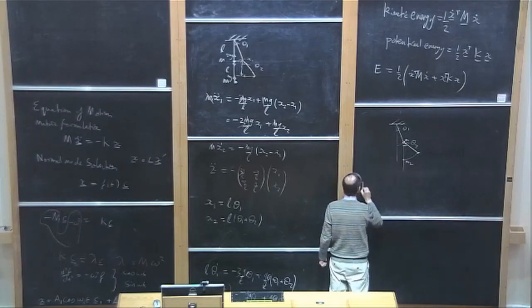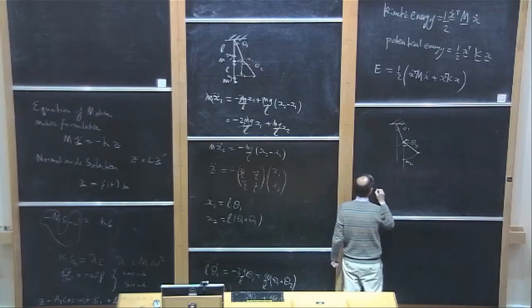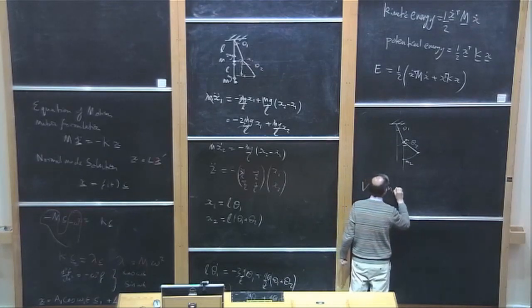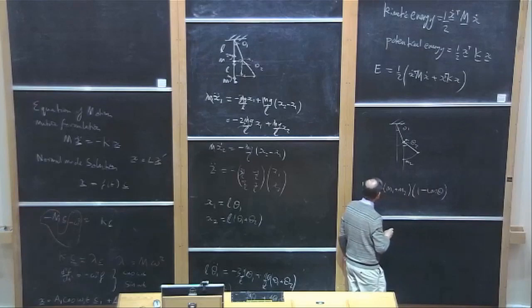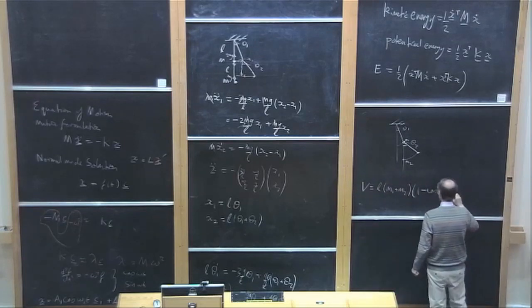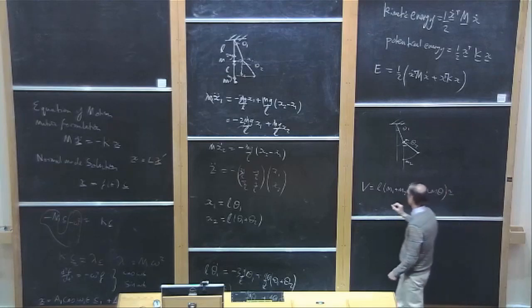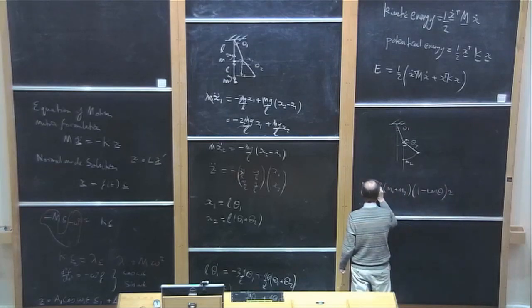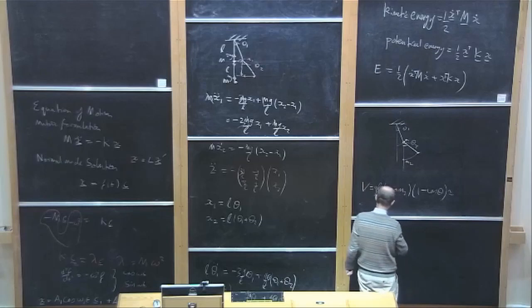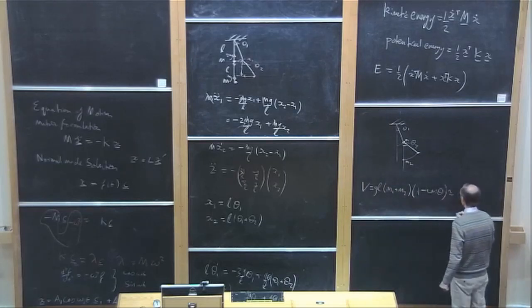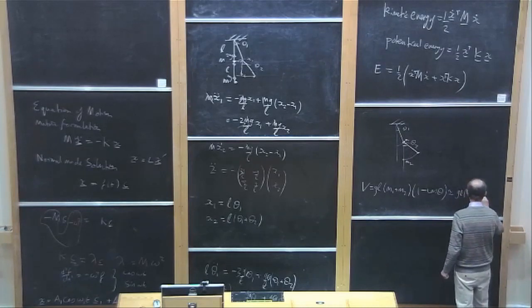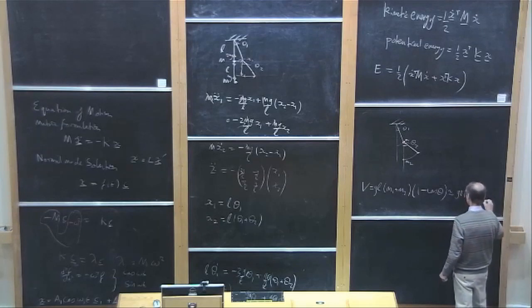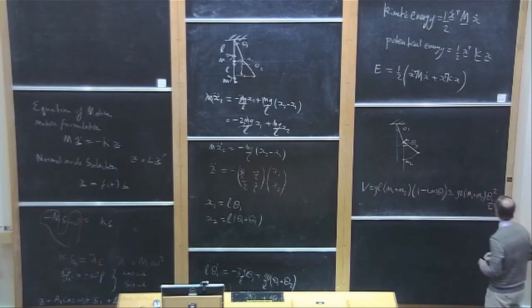So the potential energy is L (M1 plus M2) (1 minus cos theta) times the acceleration due to gravity, and in the small angles approximation that is g L (M1 plus M2) theta 1 squared over 2.